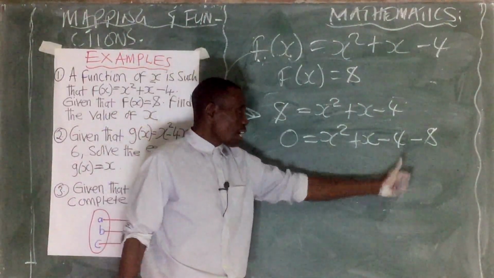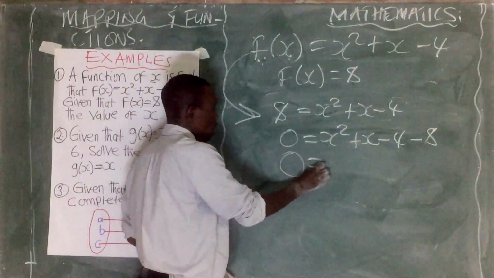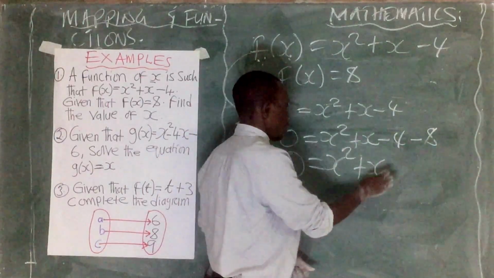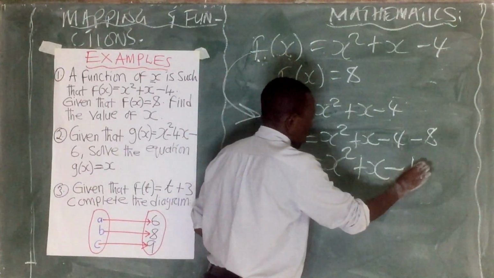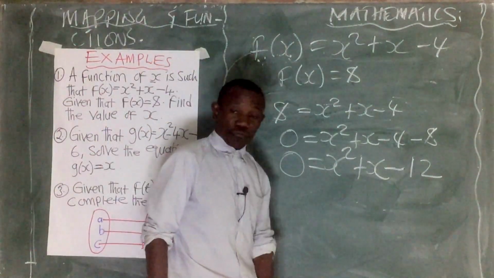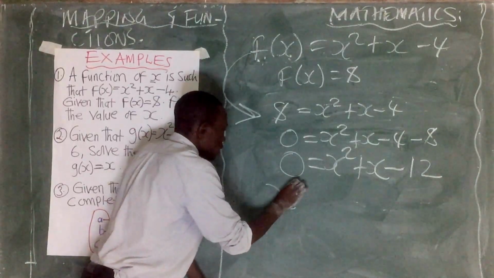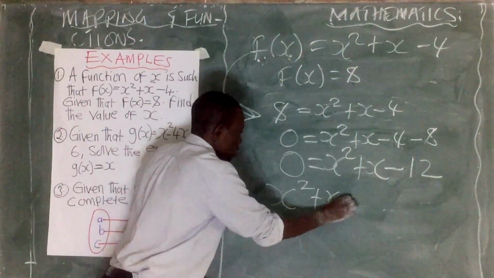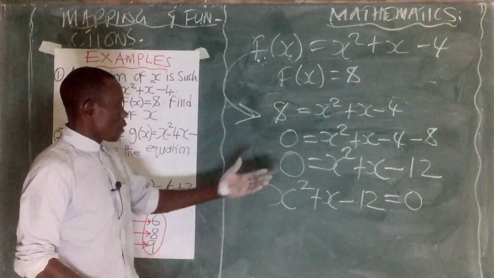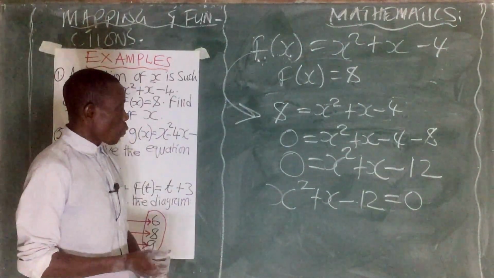Like for a starting point here, I have to at least deal with the like terms. So I have a 0 here equal to x squared plus x. This minus that gives us minus 12. So it's like 0 is equal to x squared plus x minus 12. The same way as we write x squared plus x minus 12 is 0. Right. Once the equation is equated to 0 and the like terms have been simplified, what next?